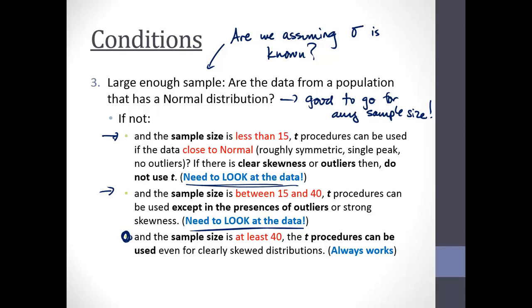So if it's not stated that it's normal, then hopefully your sample size is bigger than 40 and it doesn't matter, or you'll be given a histogram and be able to figure that out on your own. Let me know if that didn't answer the question. Is that okay with everybody? All right.